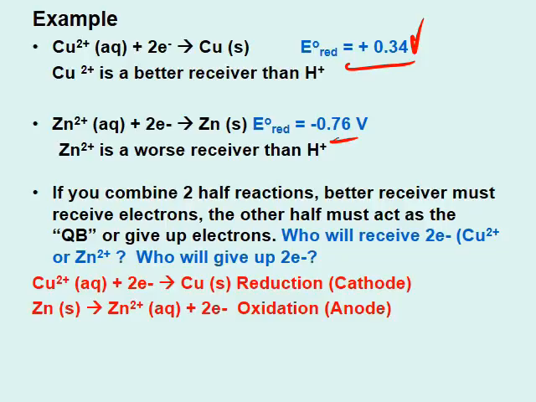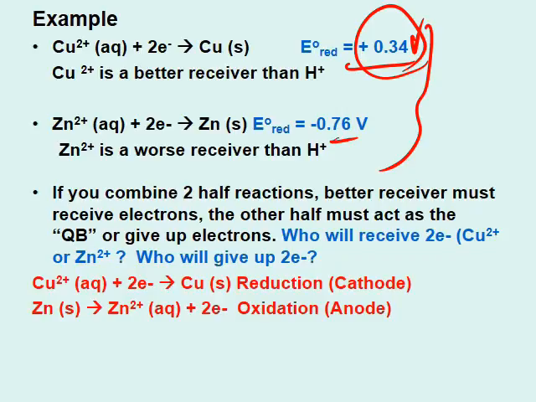So keep that in mind. This is how we pick the best receiver. The best receiver is the one which has the largest value of reduction potential. So between these two, obviously, the first one is the better receiver. It's plus 0.34. The second one is minus 0.76. This is not as good as the first one. So the better receiver is always going to receive electrons, and the other one has to reverse its role, and it would give off electrons.